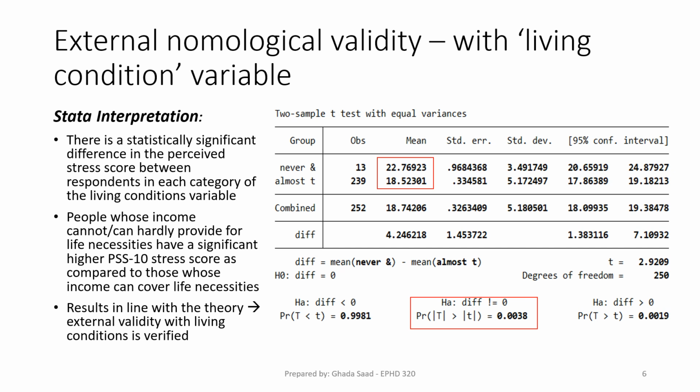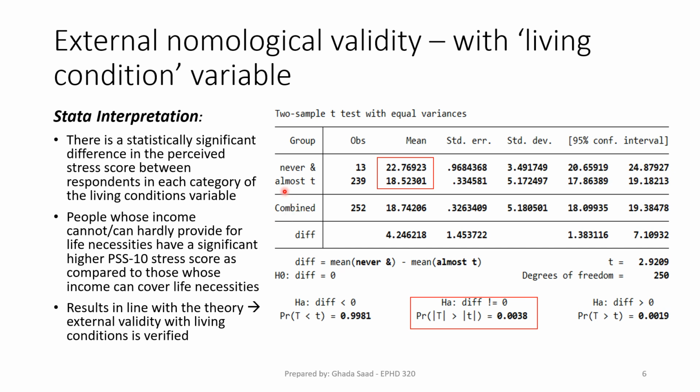In the output, in the first red box, we see the mean PSS-10 score within each category of our variable living conditions. Among respondents who identified that they never or rarely had enough income to cover life necessities, the mean score of the PSS-10 is 22.77.